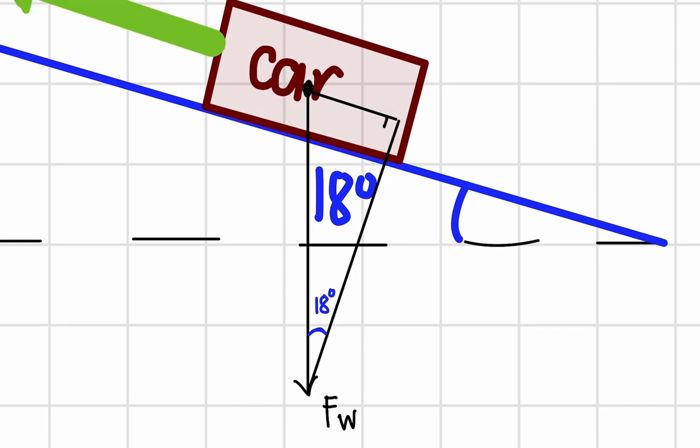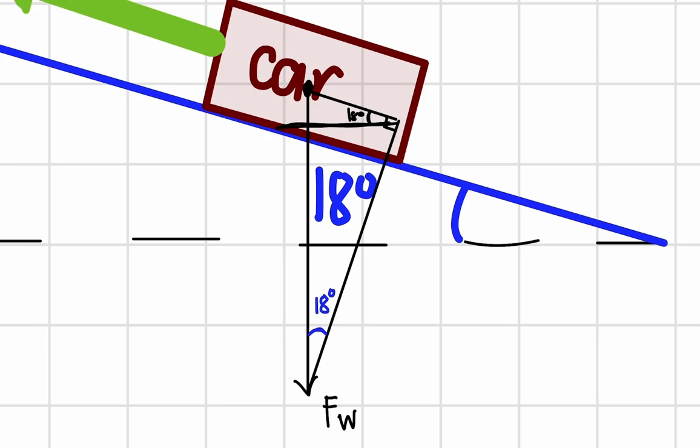These are the components now of the weight vector of the car. So you see, if this is 18 degrees with the horizontal, then if we make a horizontal line here, this line here, this is also 18 degrees, right?